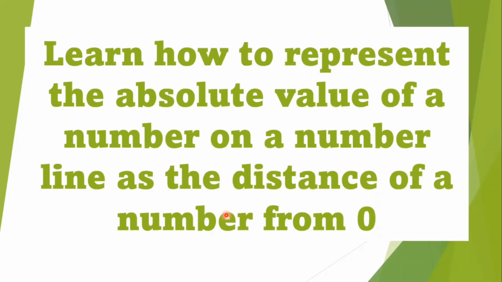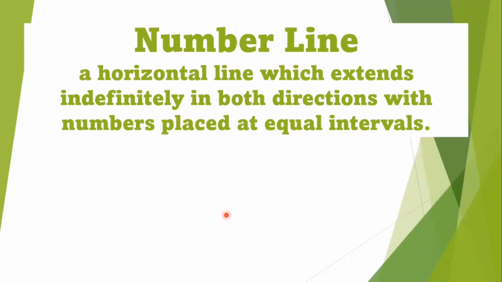So let's start with the number line. It is a horizontal line which extends indefinitely in both directions with numbers placed at equal intervals. So let us illustrate. Ipapakita natin siya. This is an example of a number line.